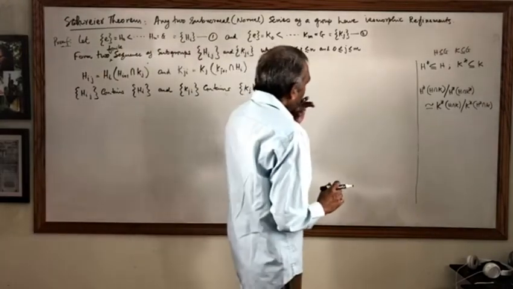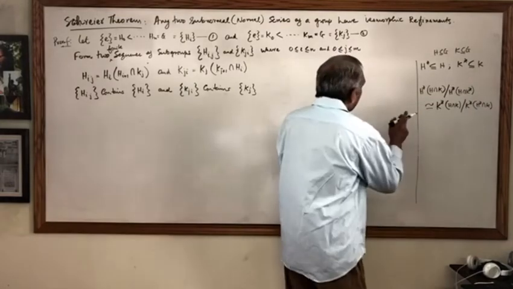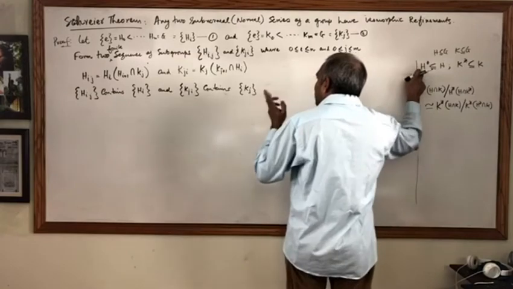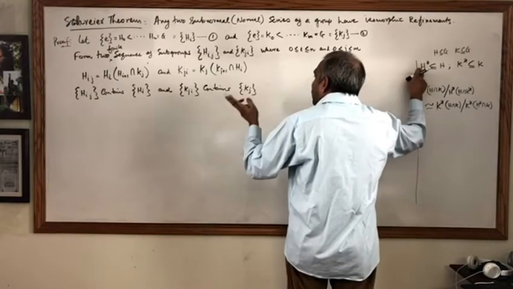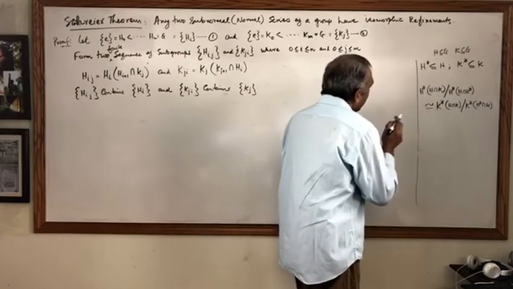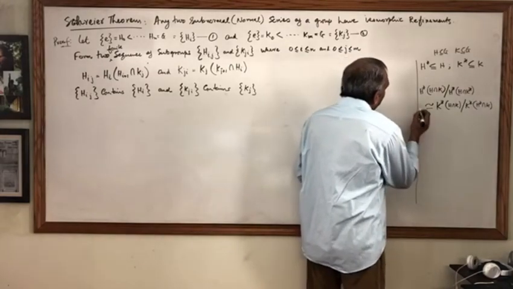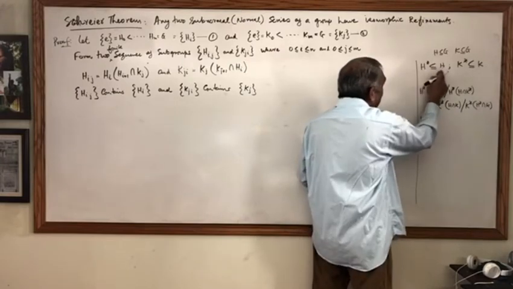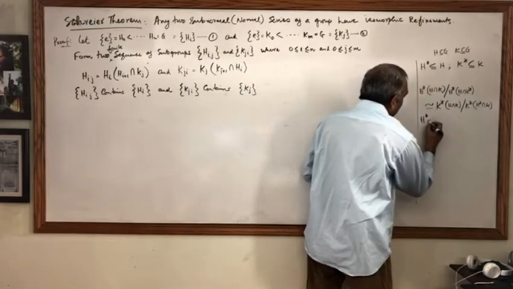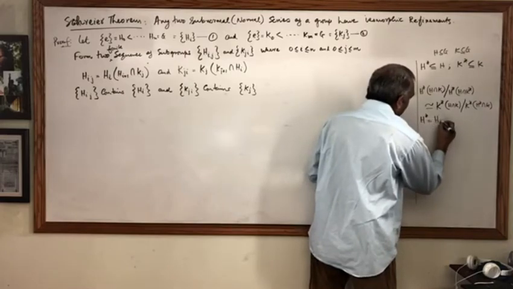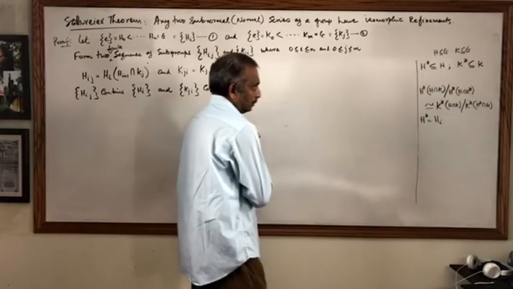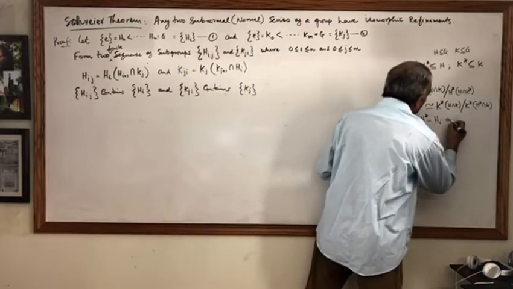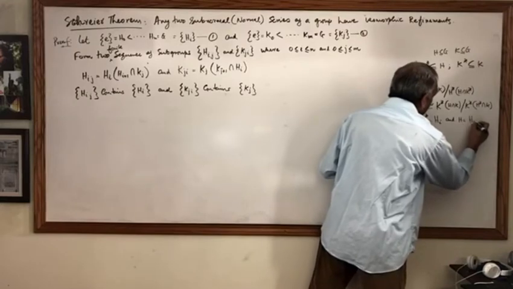Here, we are going to use this lemma to establish the isomorphic factor groups. For which what we are going to do is, H star is a normal subgroup of H. So we are going to take H star equal to Hi and H equal to Hi plus 1.